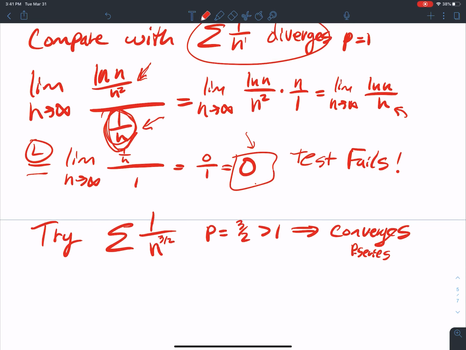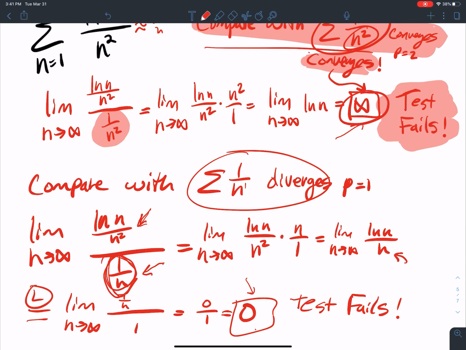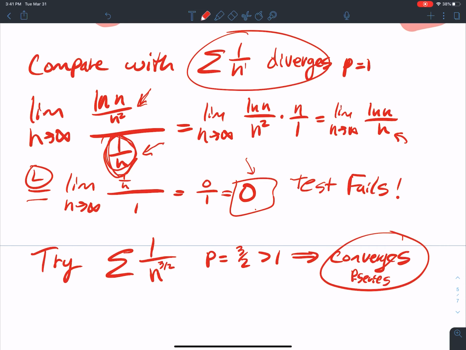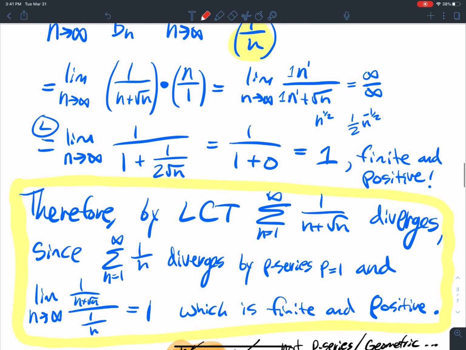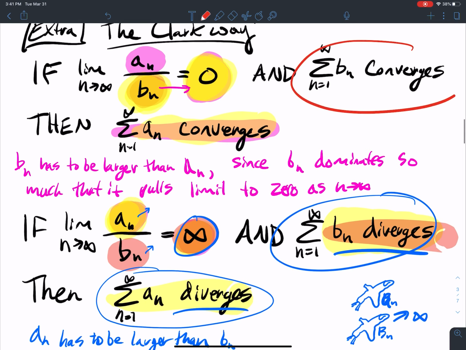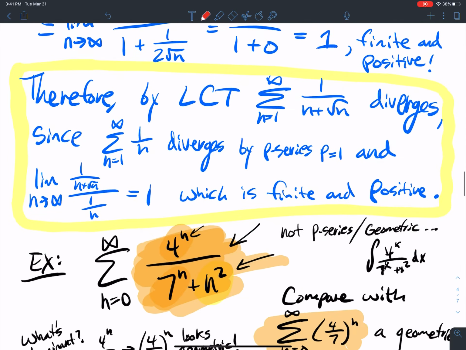Now, if it converges, and it's in our denominator, then I want the limit to go to 0, and then hopefully we'll be finished, right? Because if we know that the series we're comparing with converges and the limit goes to 0, then we know that the numerator series converges. That's the limit comparison test, right?